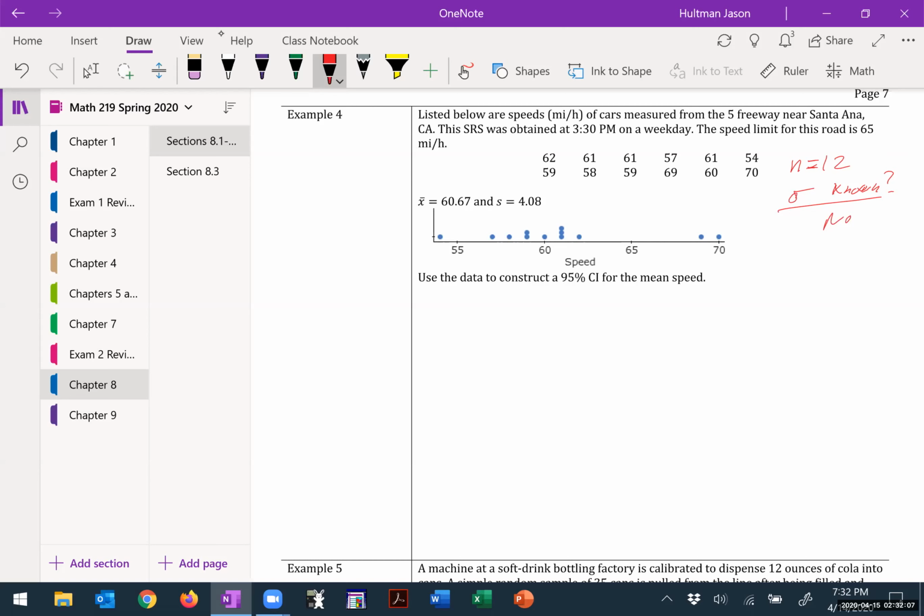I could calculate it by hand if I really wanted to, but this is just the sample, not the population. This isn't the whole population of cars on the freeway at 3:30 p.m. That would be thousands of cars. Your population is huge here, especially at 3:30 p.m. going north. I mean, that's a parking lot, right? Everybody agree with me? Sounds good.